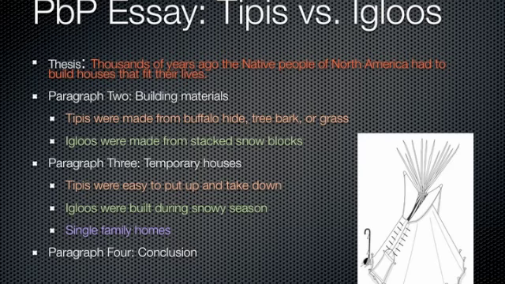Paragraph 3, I'm going to come in with a strong topic sentence about temporary housing, and I'm going to present everything I know about temporary housing to do with these two types of housing. Teepees are going to lead us off, followed by igloos, and then I'm going to pull in a similarity because both types of constructions are single-family homes.